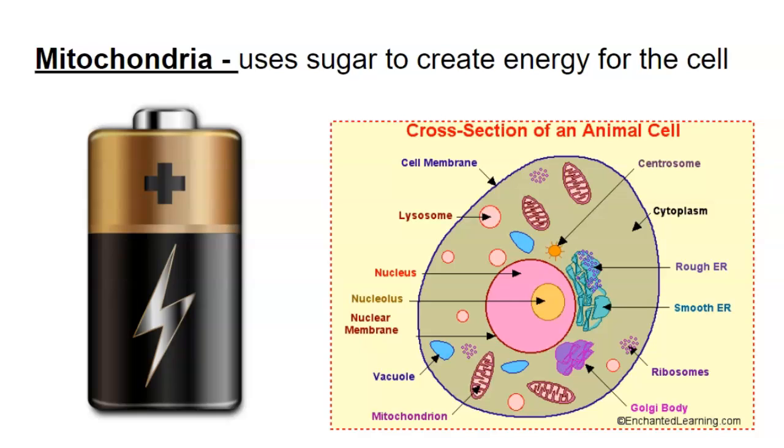Just like how you guys, when you eat sugar, you get a lot of energy, the mitochondria uses sugar and creates energy. Mitochondria, here are these squiggly guys, little squiggly ovals. We'll talk about them later when we talk about cellular respiration.